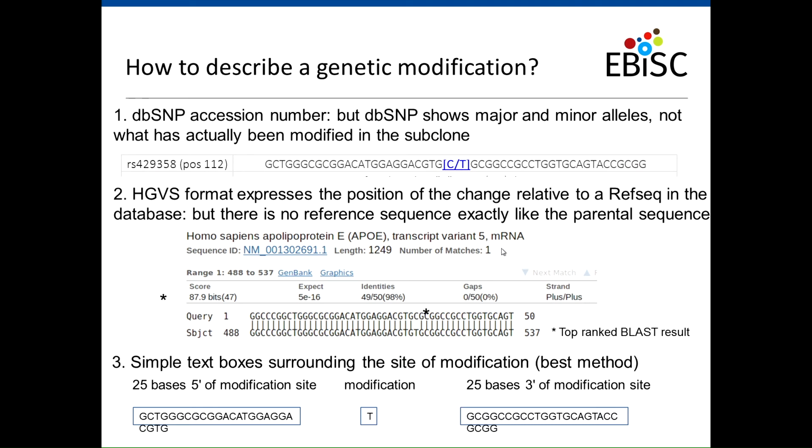So it's difficult to read, and it's also difficult actually to compare lines based on this HGVS format. So one solution would be to use this kind of approach to enter 25 base pairs on each side of this single base pair modification of the gene, and then you can just perform a simple BLAST search with all the lines in the database and find the lines with a certain mutation.